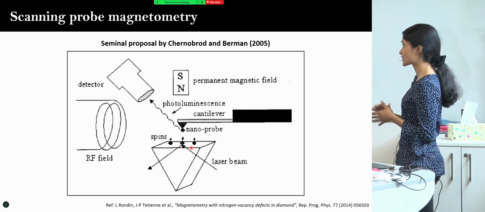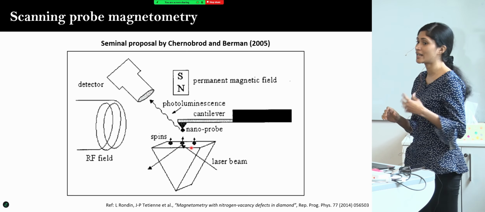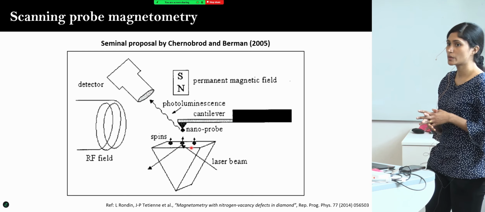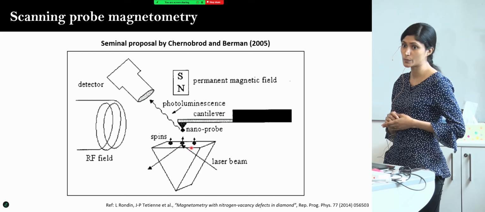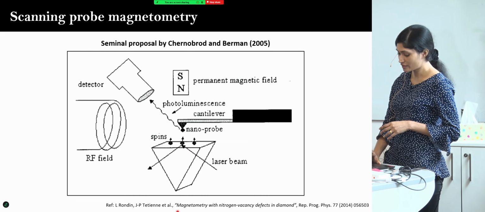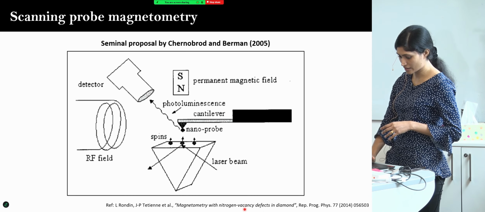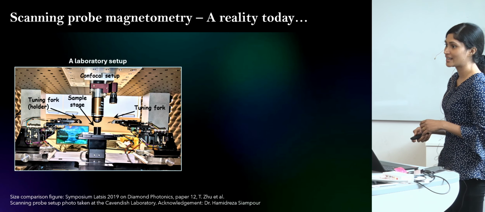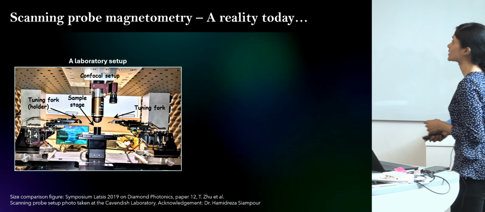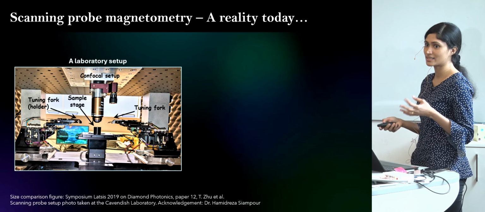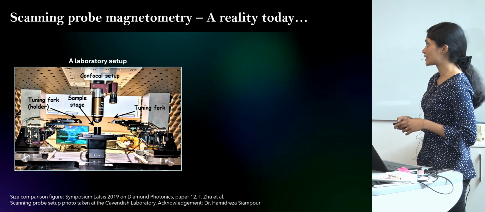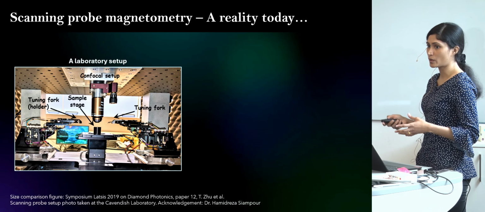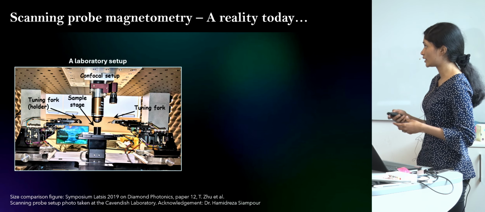So this was a fantastic proposal, but by the time they proposed this, scientists were not very clear of what type of sensor to use at that nanoprobe tip. But within a few years, they started picking things up. Fast forward a couple of decades, the proposal has become a reality today thanks to a sensor called the NV center. And these kinds of setups are available in some laboratories around the world today.